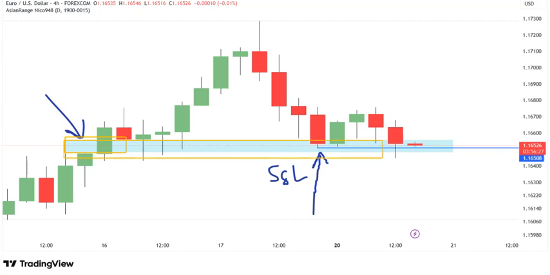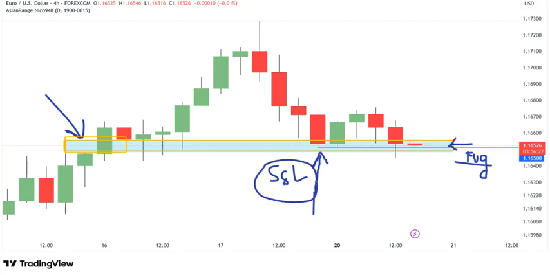This imbalance is what we call a fair value gap. So we had the imbalance, the fair value gap level, and the sell side liquidity, the previous 4-hour lows, formed here.